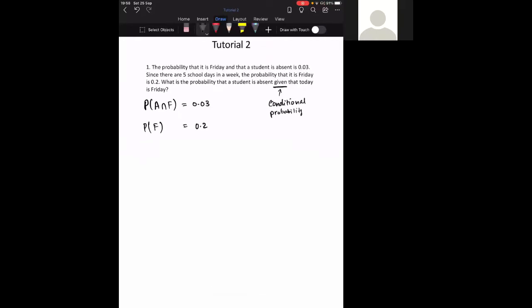So we need to find the probability that the student is absent given that today is Friday, which is equal to A intersection F over probability of F, 0.03 over 0.2. This is equal to 0.5.